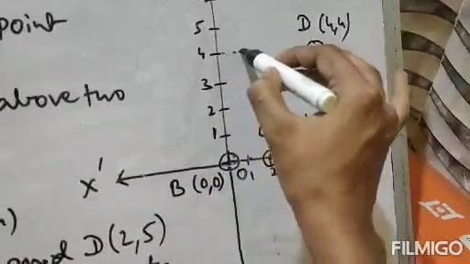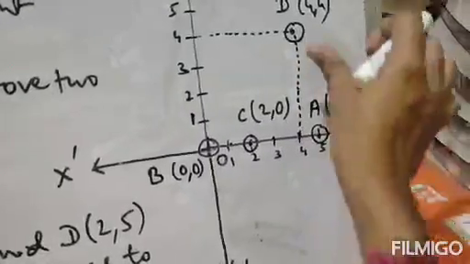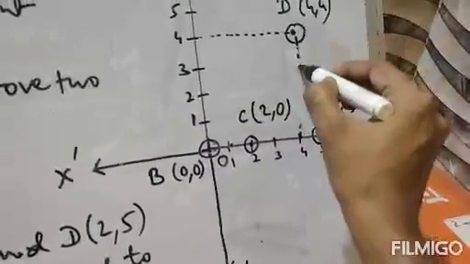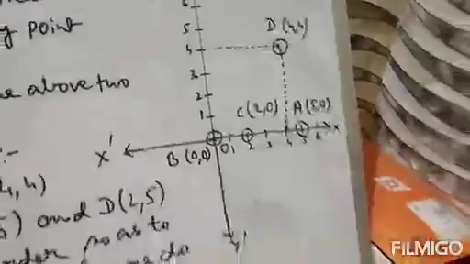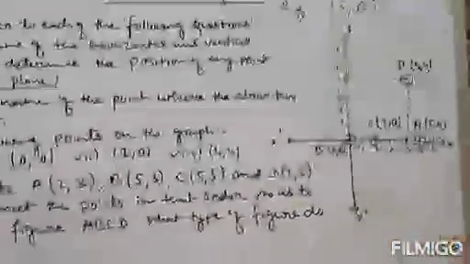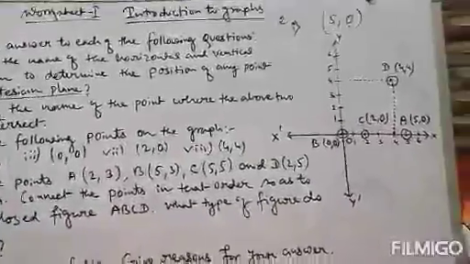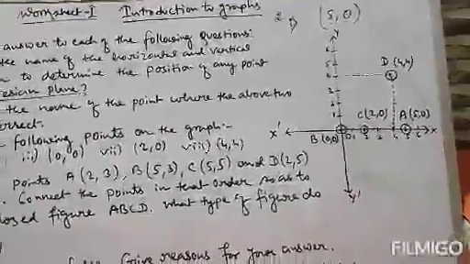We can also draw a straight line like this, this is 4 comma 4. So in one graph I have plotted all these points. You can do this, or you can plot these points separately by drawing separate graphs.